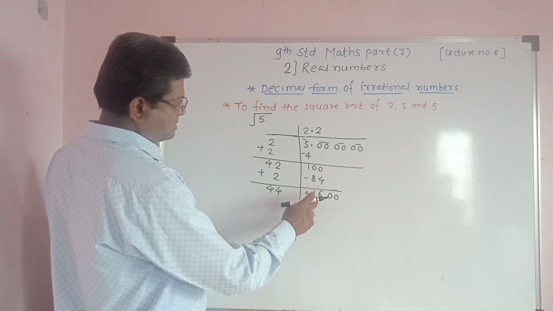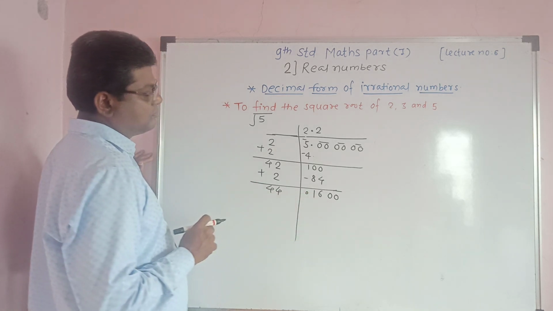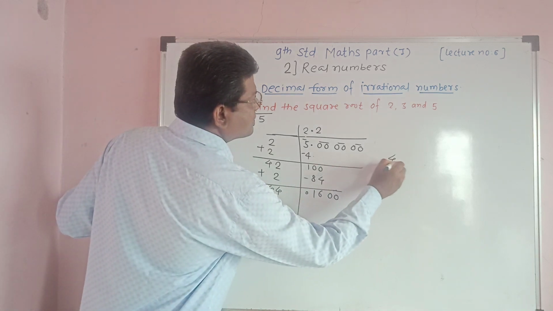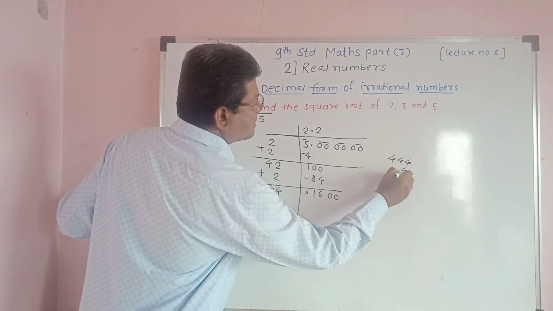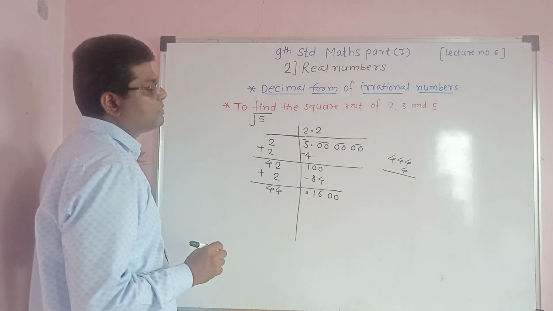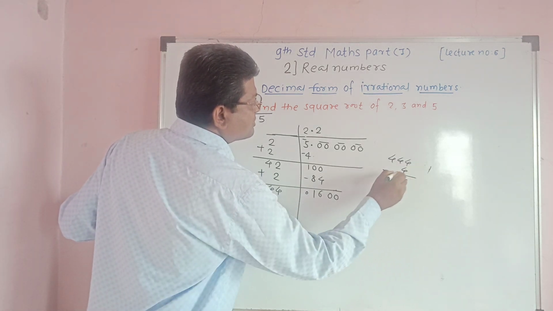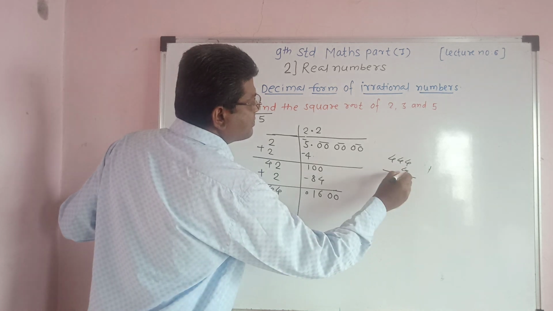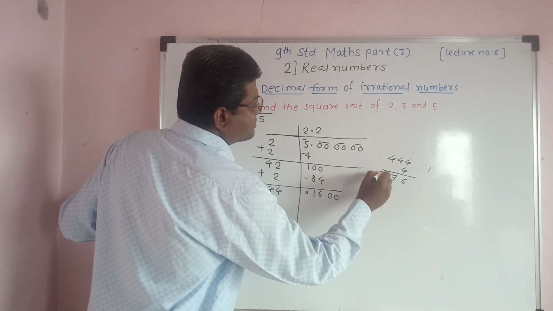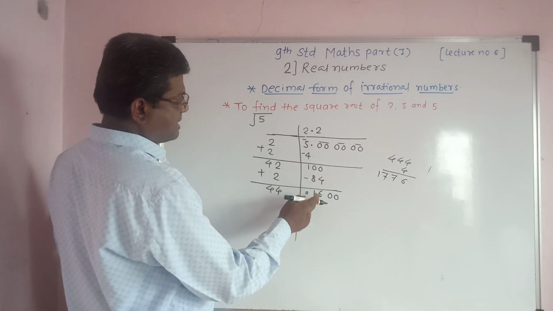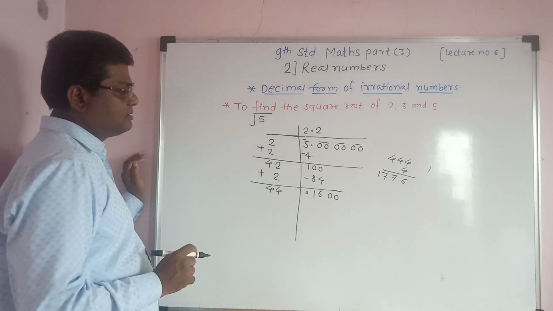Now divide this 16 by 4. 4 4s are 16. So if we put 4 on 44 and multiply it by 4, then 4 4s are 16, 4 4s are 16 plus 1, 17, carry 1, 4 4s are 16 plus 1, 17, that will be 1776. That is greater than this number.